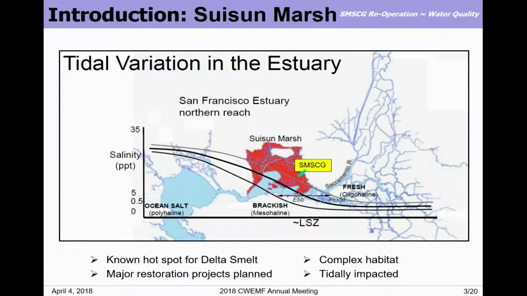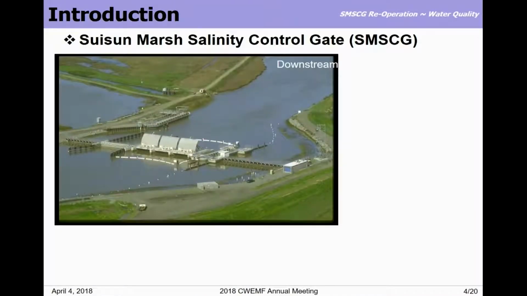And the control gate is located here on the Montezuma Slough, close to the Roaring River. What I picked here is the ebb tide and the flood tide along the Montezuma Slough. So take a look at the gate. It's a three-part structure: here is the flashboard, the radial gate, and also the boat lock.